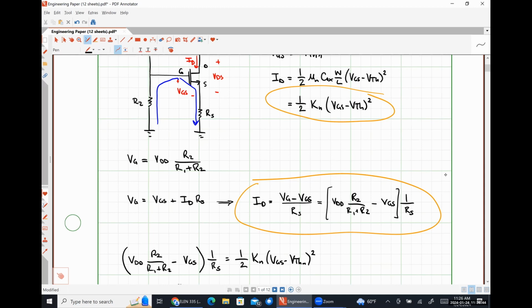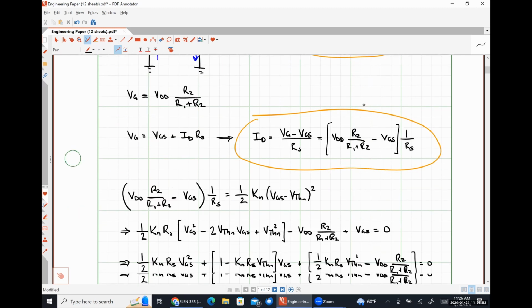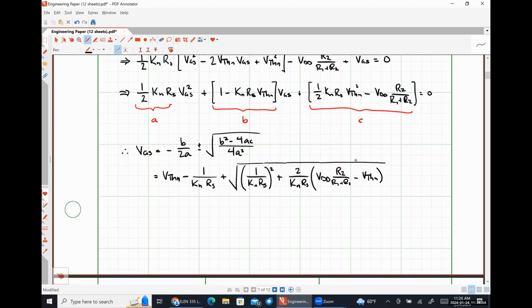And the only unknown quantity in either of these two relationships was VGS. Okay. So we've solved for VGS. We now have a way to calculate ID.